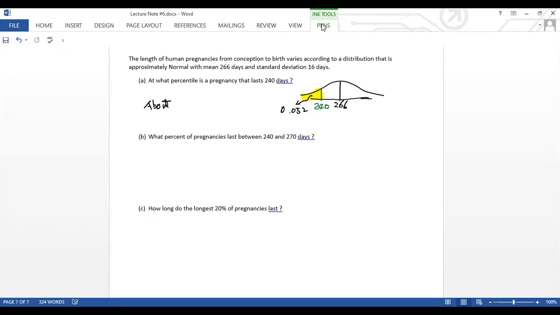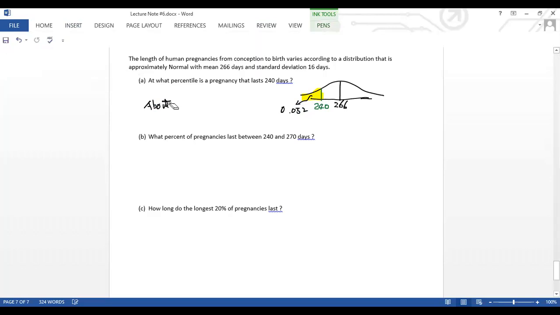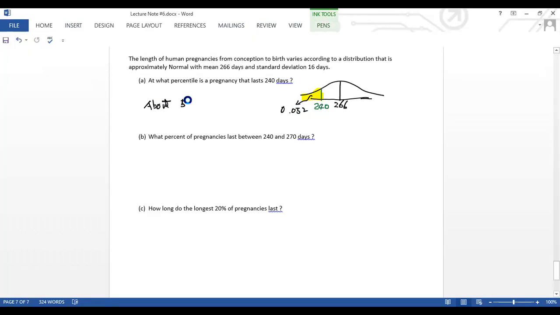So that will be the 5th percentile. At what percentile, right? We say at the 5th percentile. Because it's 0.052, it's about 5.2% that will not last. After the 5th percentile, it will last. Okay.